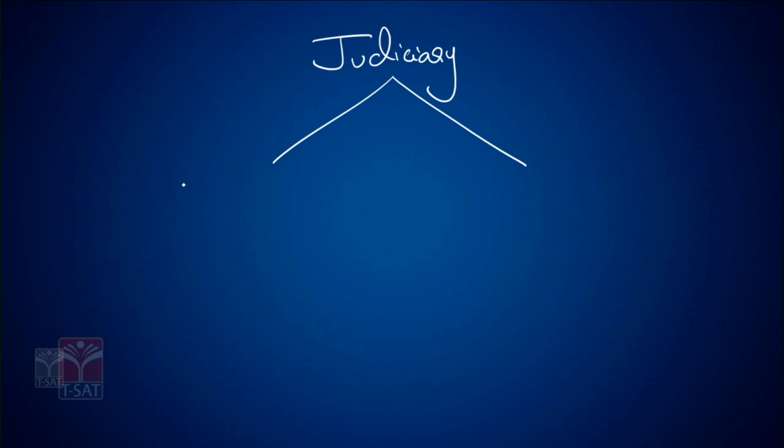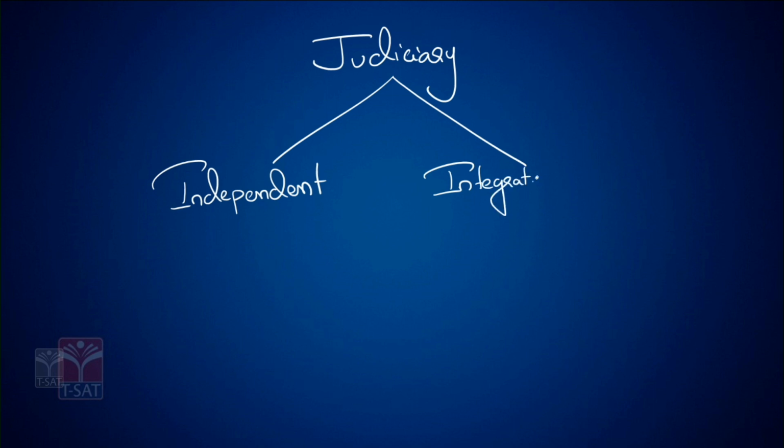The first one is independent judiciary and the second one is integrated judiciary. Indian judiciary is independent like the US judicial system. Indian judiciary is also integrated like the UK judicial system. It is both integrated and independent.